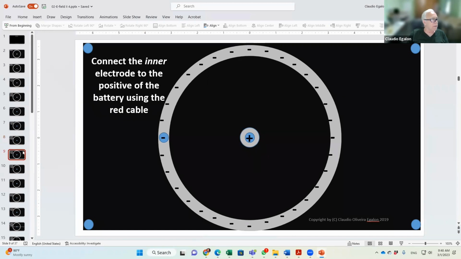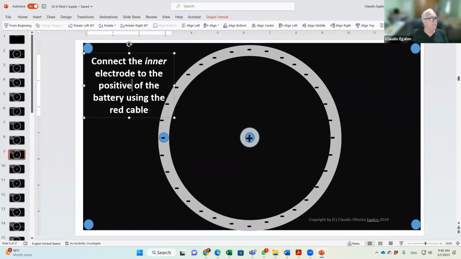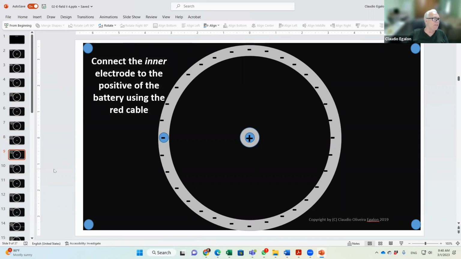And connect the inner electrode to the positive of the battery using the red cable. Red for positive, black for negative. Red for positively charged, black for negatively charged.